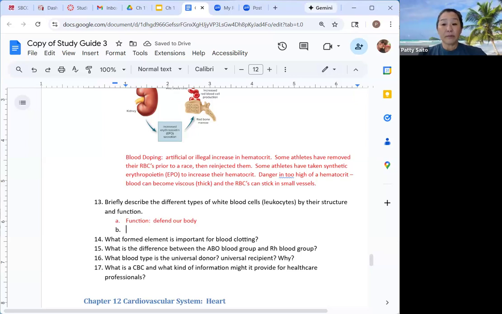There are 5 types of white blood cells, and we can separate them into 2 groups, one with granules and a group without granules. So we call them granulocytes and agranulocytes. The prefix a usually means less or without something. So granulocytes and agranulocytes.